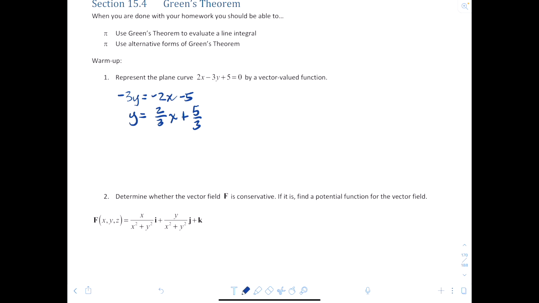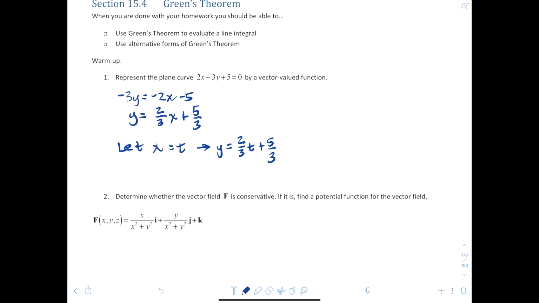The easiest way to do it is probably just to let x equal t. And if x equals t, then y will equal 2/3 times t plus 5/3.